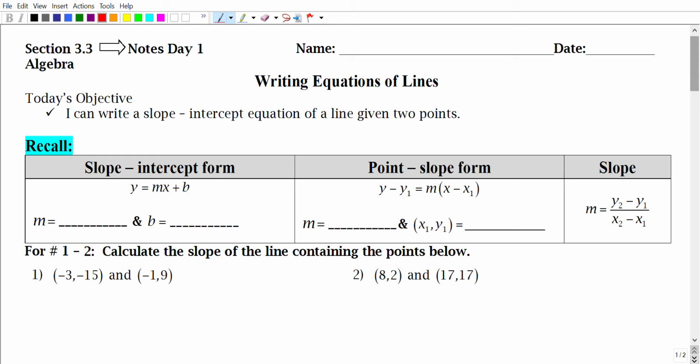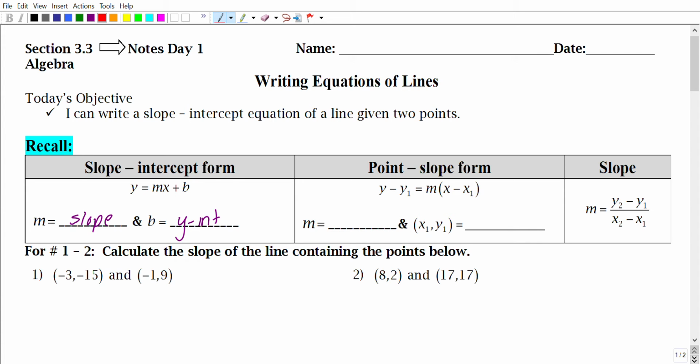Okay, so if you were given a slope, let's go ahead and start writing a few things in here. If you were given a slope and a y-intercept, you can go ahead and write something in slope intercept form. All right, also we have talked about point slope.